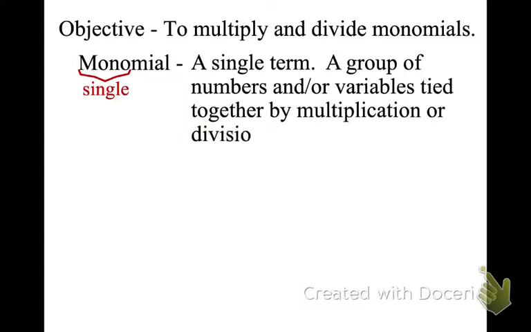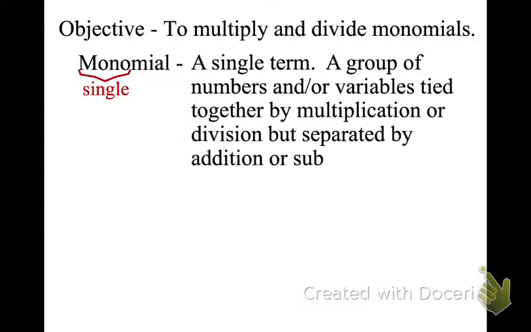Please make sure you write this down. You're going to need the language. I'm going to be using it quite a bit. So it's a single term, a group of numbers or variables tied together by multiplication or division and separated by addition and subtraction.